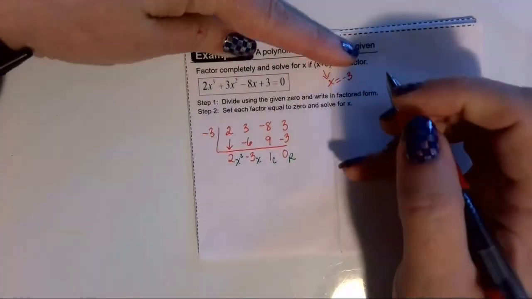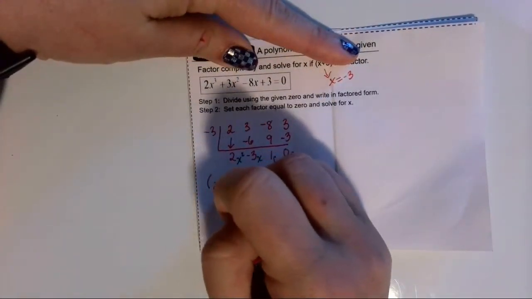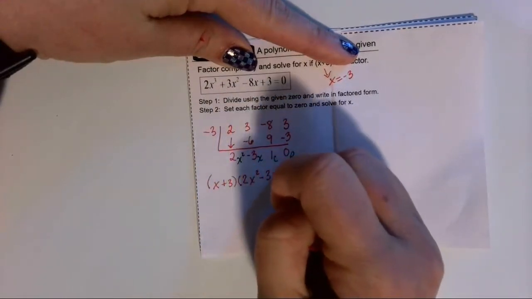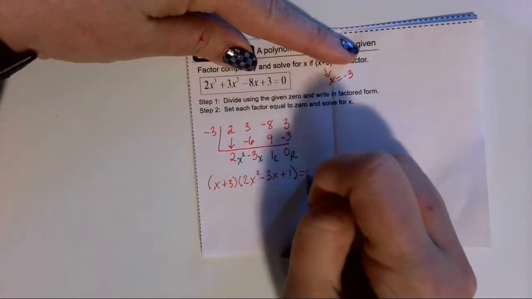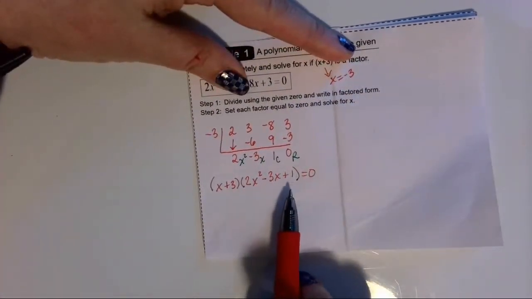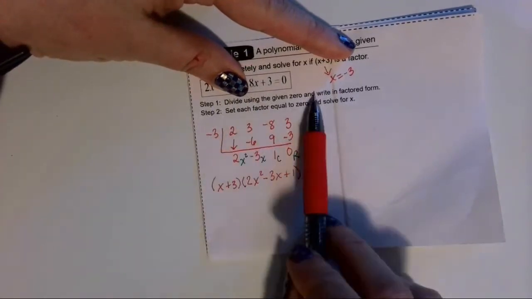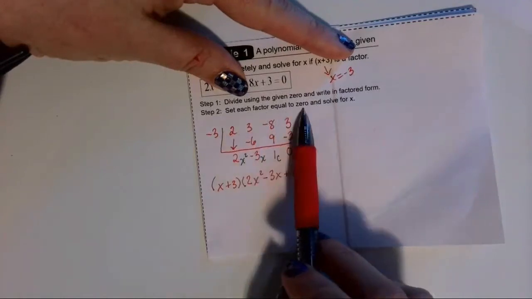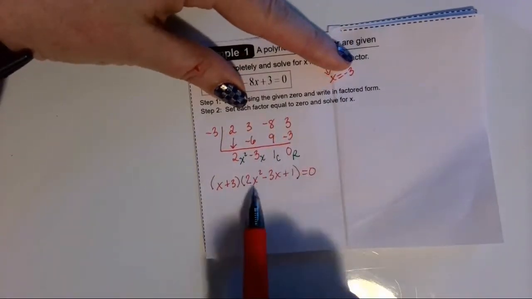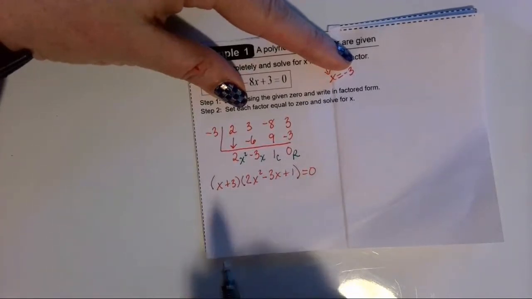So we could write that in factored form as x plus 3 times the quantity 2x squared minus 3x plus 1. Okay, this is a quadratic trinomial, and in step 2 it says we're going to try to set each factor equal to 0 and solve for x. So this quadratic trinomial, if it factors further, would make that easier to do.